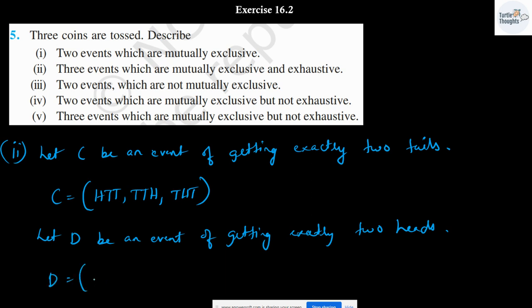D is going to be HHT, HTH, THH. Oh, okay, this is not going to come, right? Only two heads, so this will not come. Now, let us assume one more event of getting only one head.